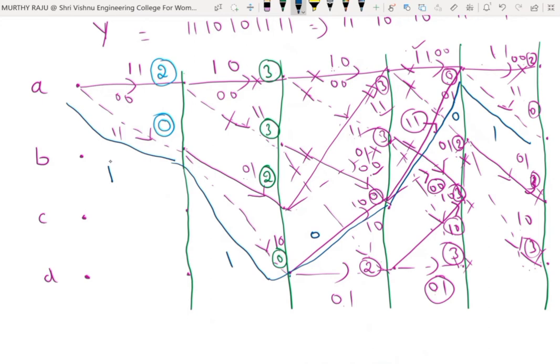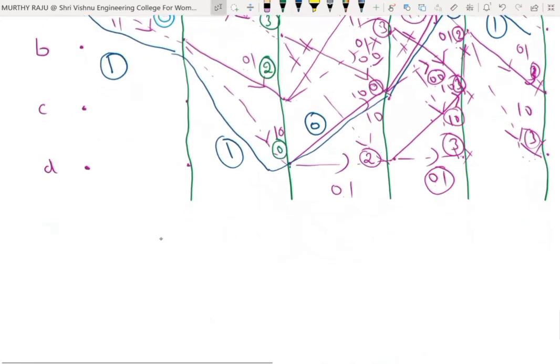Therefore, for the given received sequence, the decoded sequence is 1, 1, 0, 0, 1. This is the same as the given message sequence. Both are the same.